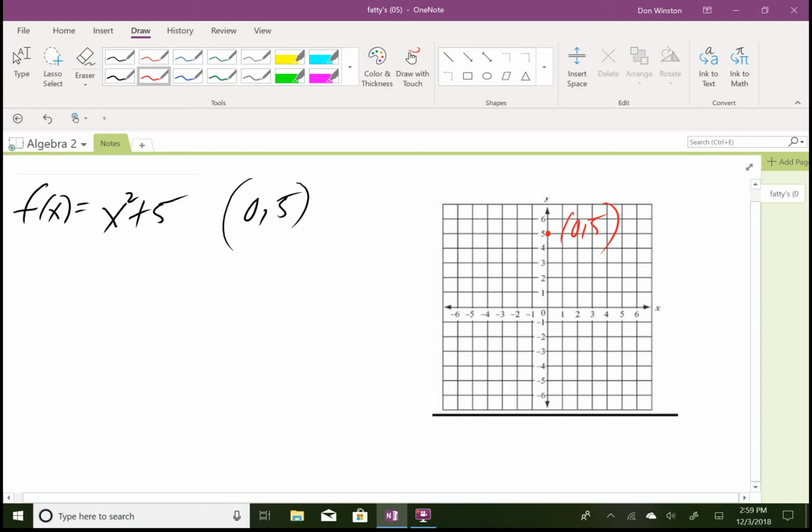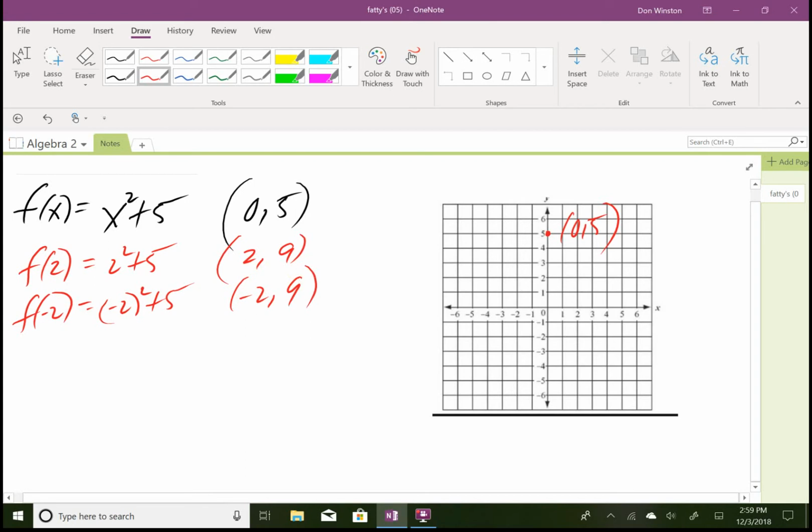If I evaluated f of 2, that will be 2 squared plus 5, which is 9, so the point 2, 9. And if I evaluated at negative 2, that would also be 9. So negative 2, 9. If I were to graph that, 2, 9 would be somewhere up here, and negative 2, 9 would be somewhere up here.